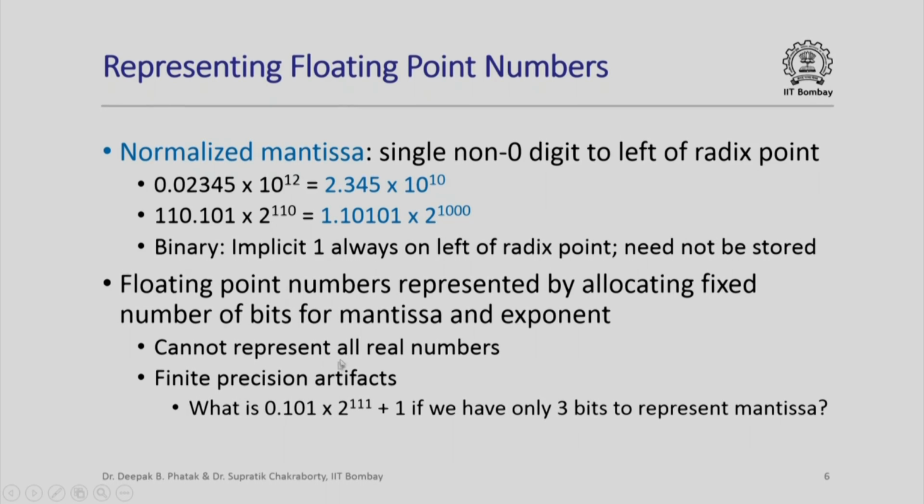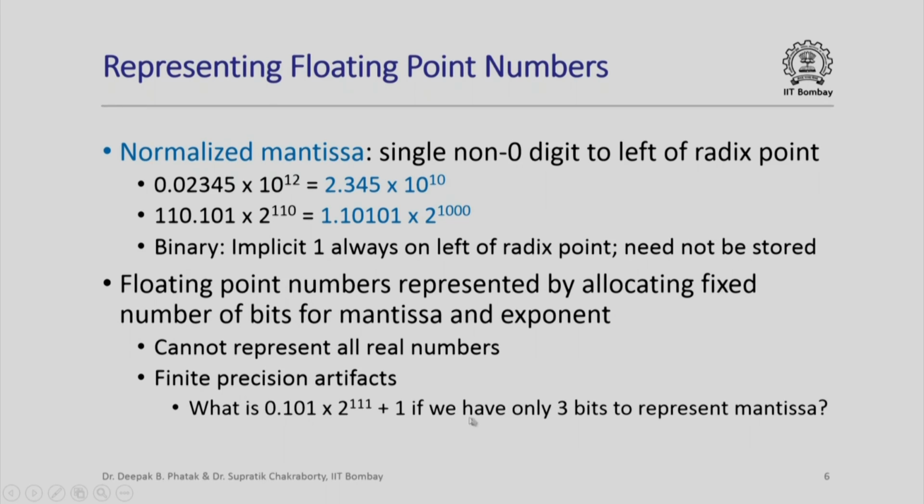Because we cannot represent all real numbers, some funny things happen. So for example, suppose I said that you have only 3 bits to represent the mantissa, and look at this floating point number in binary: 0.101 times 2 raised to 111, where this is a binary exponent. This mantissa is of course not normalized as you can see, but suppose I said that this is my binary number and I want to add 1 to it, and what would be the result?